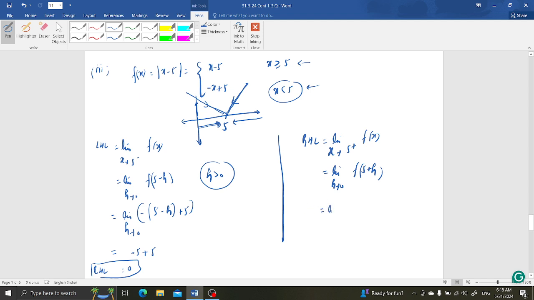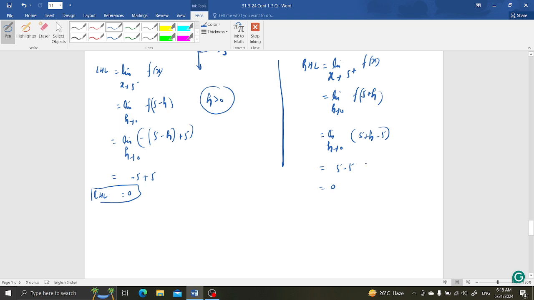Here 5 plus h lies in the first piece, so we have 5 plus h minus 5, and if we apply the limit, 5 minus 5, again we get 0. This is our RHL. This is our first one, this is our second one, and the main is f of 5. We can find f of 5 by the first branch, because it is itself saying that we need to obtain it from the first branch.